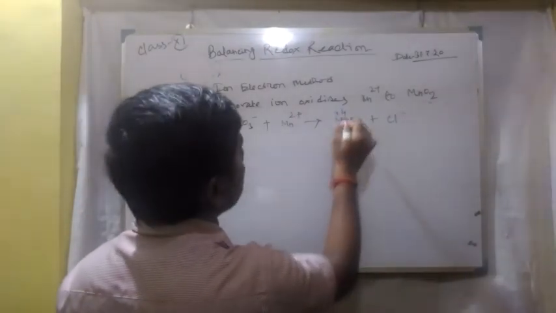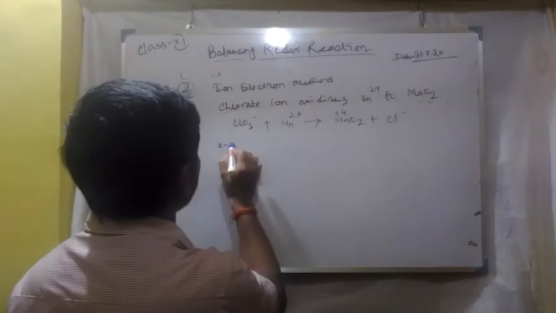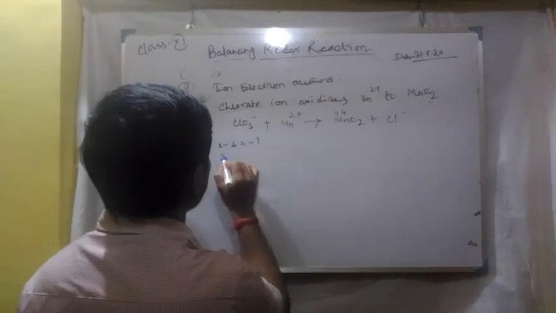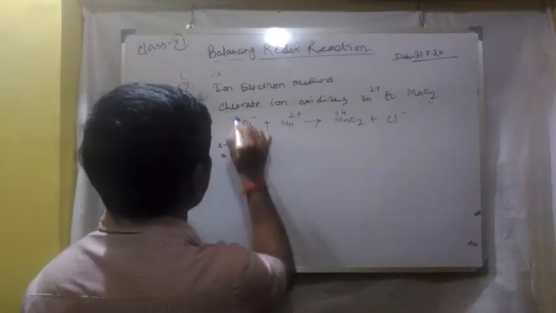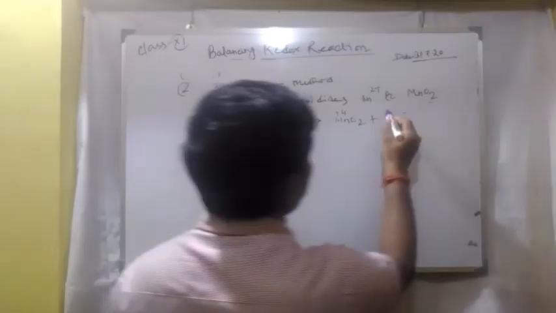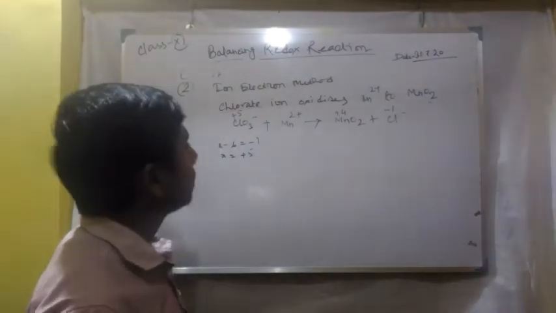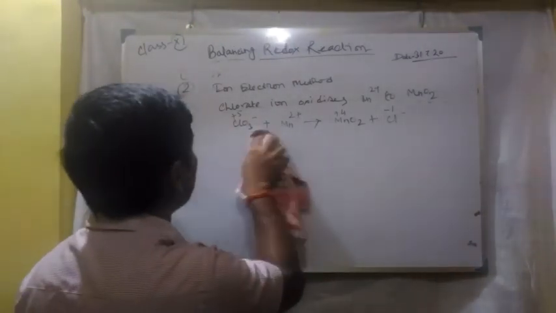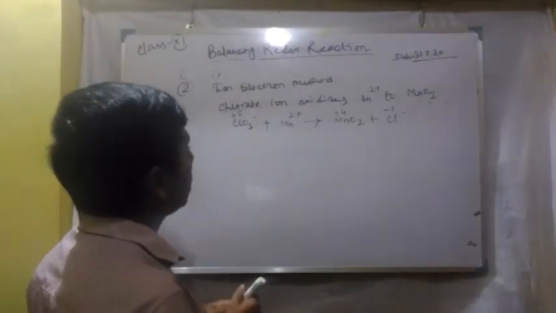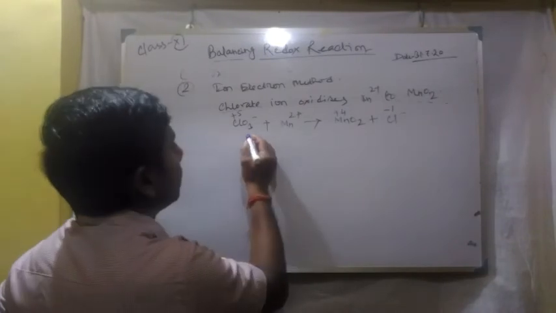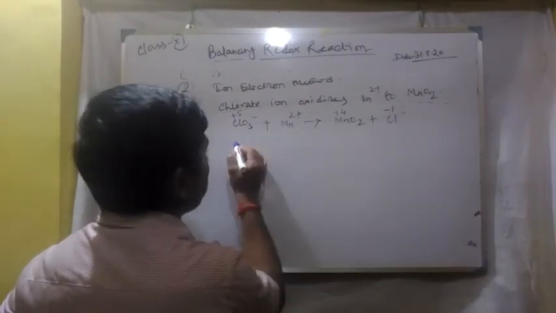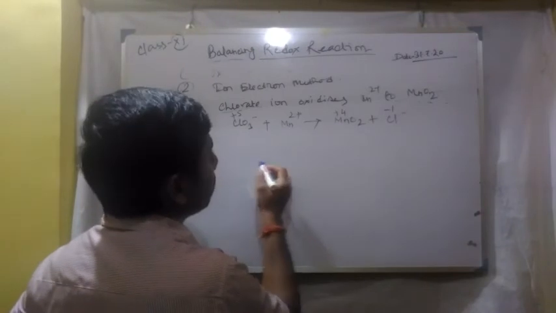Here it is in plus 2, here x minus 6 equal to minus 1, x equal to plus 5, so plus 5, here minus 1. Okay, so there is a huge change in the oxidation state of chlorine, that is plus 5 to minus 1, that is 6 units.